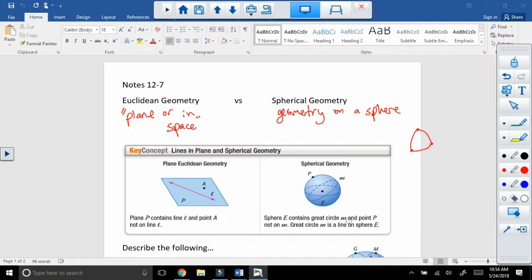So we're not going to have a chance to go super in depth with everything in spherical geometry. This is just meant to be a little bit of an overview.